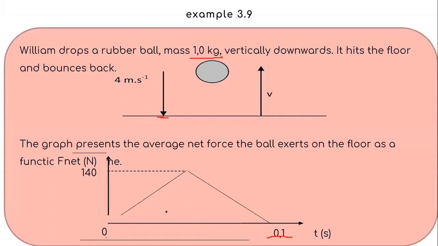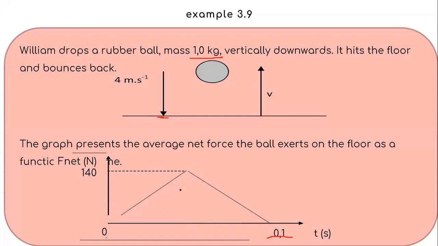And the area of a triangle is half the base multiplied by the height. Now the base is the time that the net force is acting, and the height is the net force, or what is referred to here as the average net force.